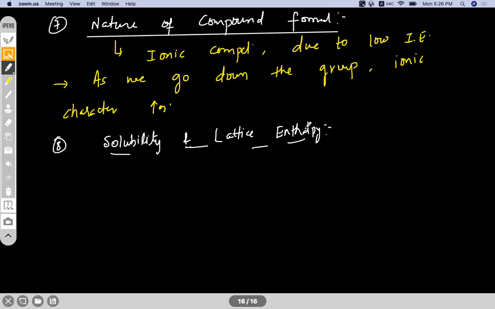Write down, lattice energy of group 2 elements is much higher than that of group 1.